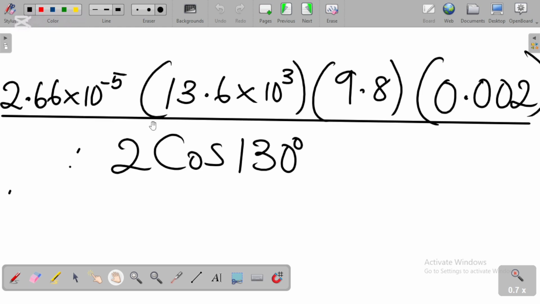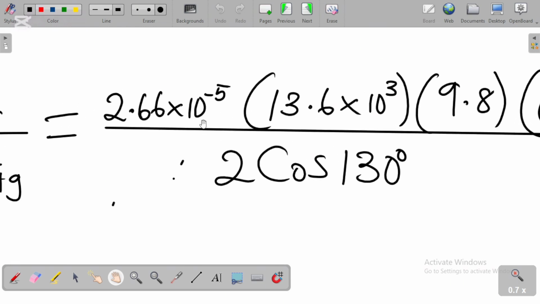So this is it: 2.66 times 10 raised to the power negative 5 multiplied by 13.6 times 10 raised to the power 3 multiplied by 9.8 multiplied by 0.002 all divided by 2 cos 130 degrees. So kindly punch your calculator and give me the answer.